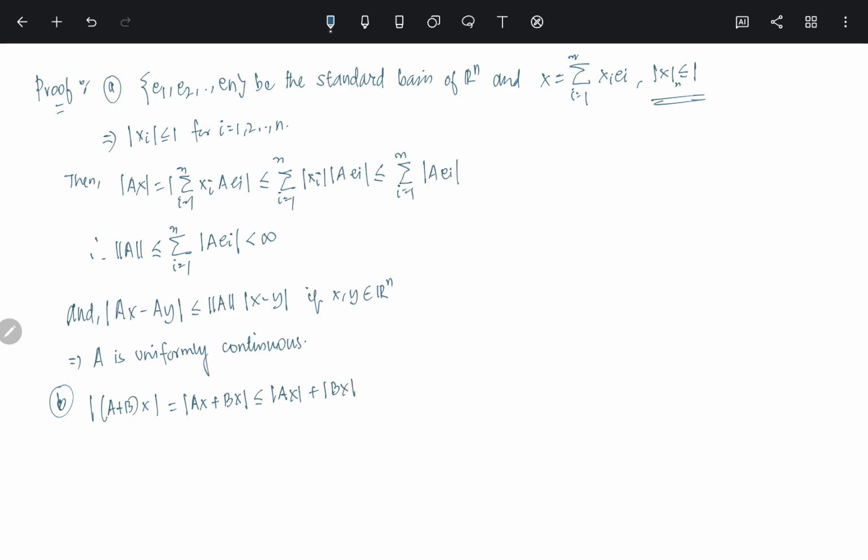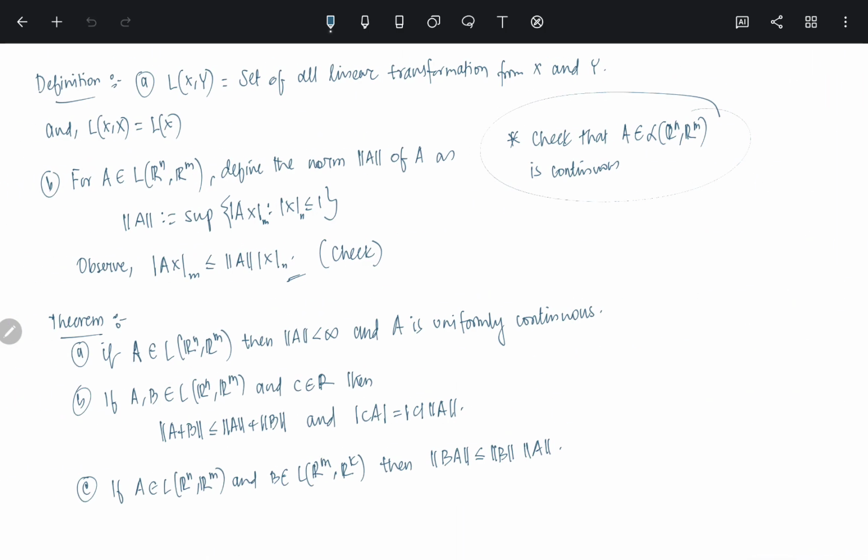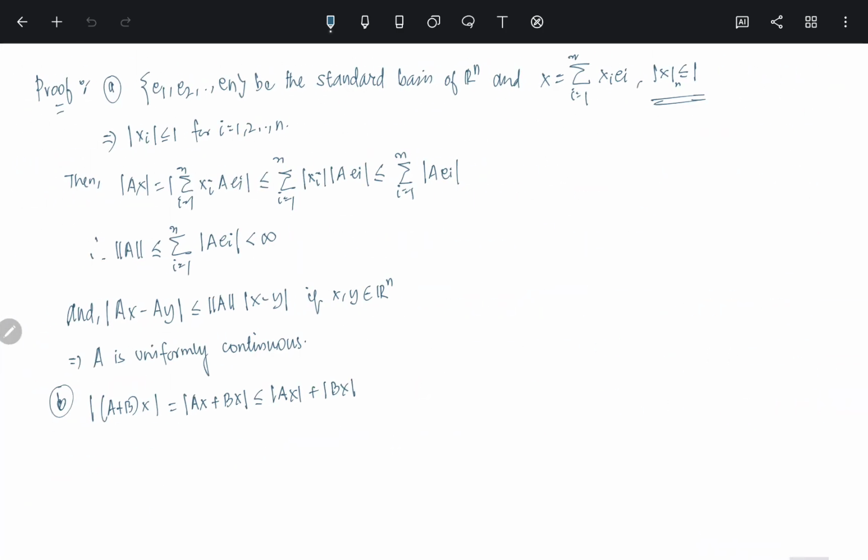I hope what I am doing is clear to you. I am using the triangle inequality here. A and B are from R^n to R^m, so A x plus B x is a vector in R^m, and since this vector is in R^m, I can use the triangle inequality in R^m. Clear?